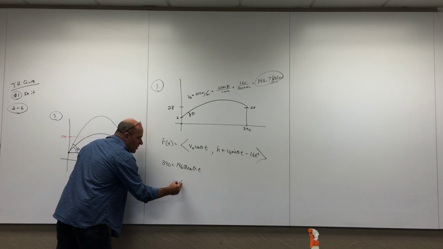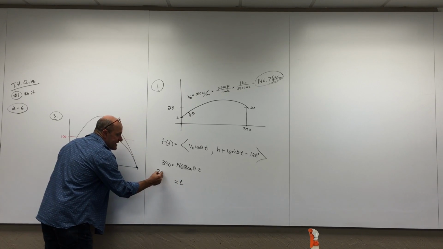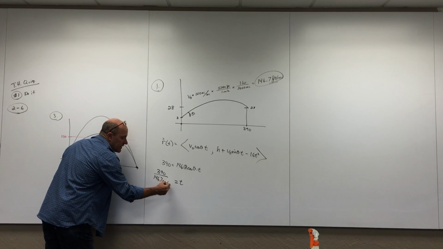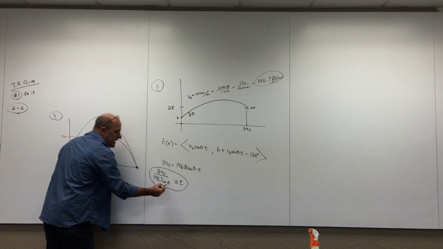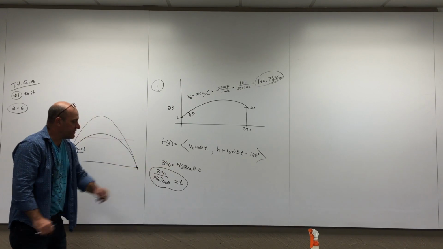I'm going to solve for t here: t is 390 over 146.7 cos theta. And actually, I'm not even going to pick up my calculator quite yet. That's t in terms of theta.